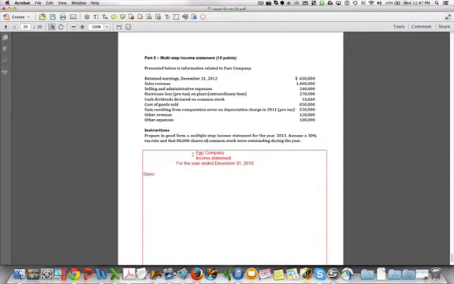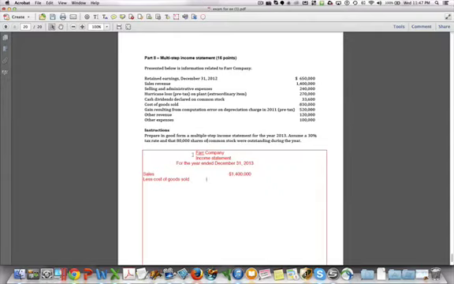The first thing we're going to list is sales. You could say net sales, but it doesn't really say that, so we'll just use sales. Sales implies net sales on the income statement. We'll put 1,400,000, less cost of goods sold.